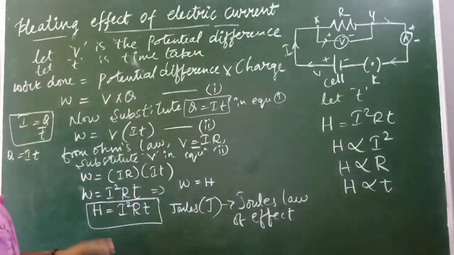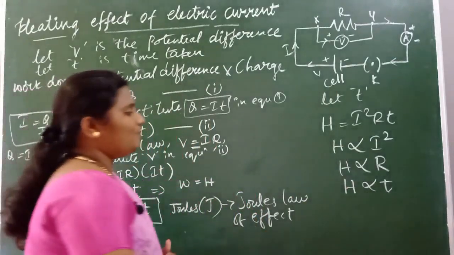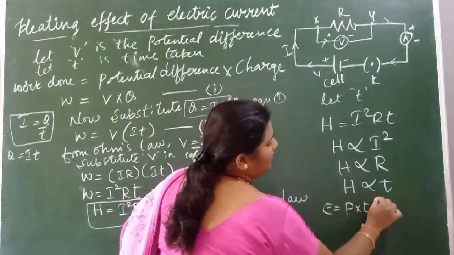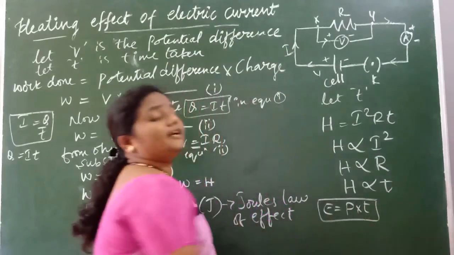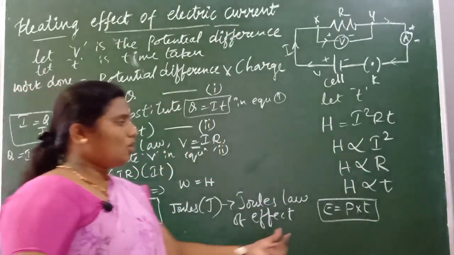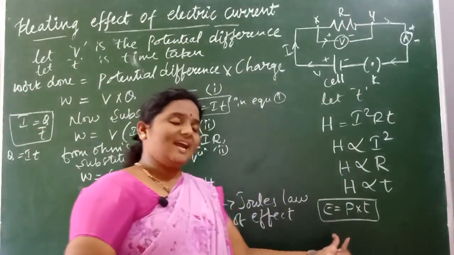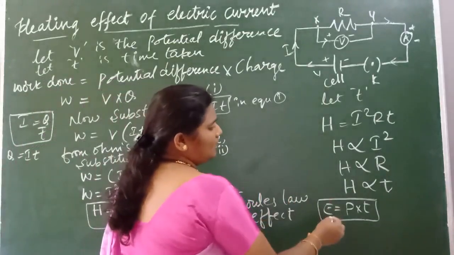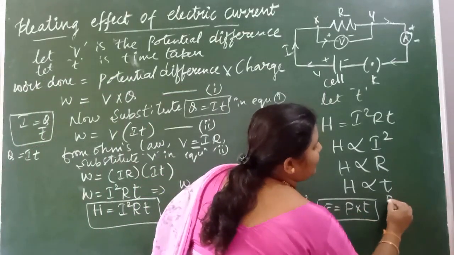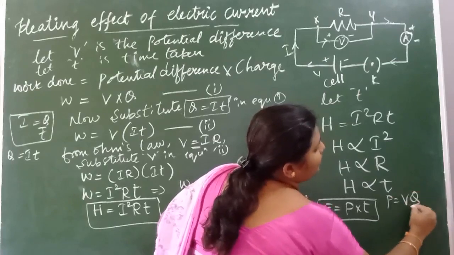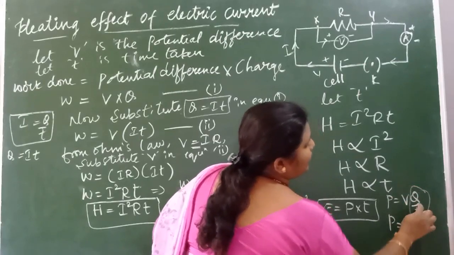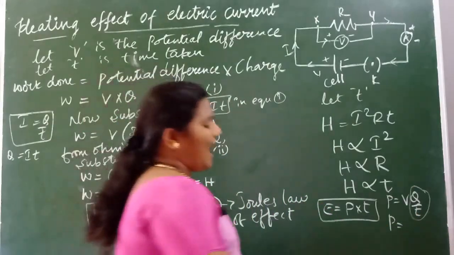And moreover, children, while solving problems, sometimes we will write the electrical energy E is equal to P into T, means power into time. And you know what is the value of power? Here the power input can be written as P is equal to VQ divided by T, whereas Q divided by T is nothing but I, children.